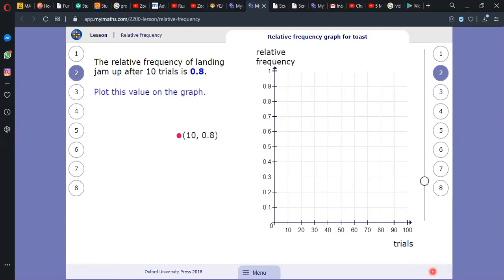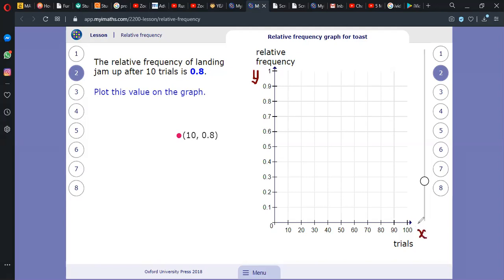We want to show how to plot the graph of trials against relative frequency. This comes from your knowledge of graph plotting. Now, the first value in this coordinate is for the X value, and the second value is for the Y value. From your knowledge of the Cartesian plane, or the XY plane, you remember that this is meant to be the Y-axis, while this is meant to be the X-axis.